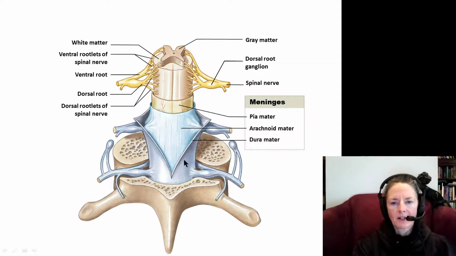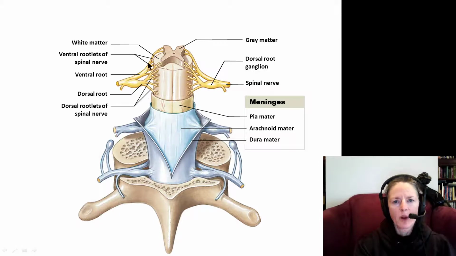Now, between the dura mater and the actual bone of the vertebral column, we're going to have a space called the epidural space. And it's going to be filled with adipose and other connective tissues. It's going to pad the spinal cord. Now, we don't have this epidural space in the brain.